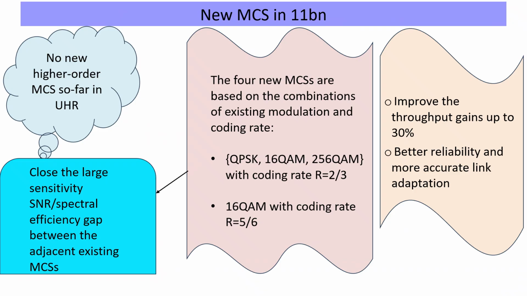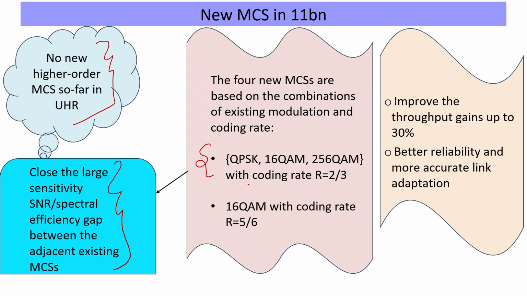It was that we haven't specified any new higher order MCS. So we are not going to 8K QAMs or something fancy like that. We are trying to use some of the gaps that we saw, and provide some intermediate steps in the MCS tables, without getting to newer modulation.